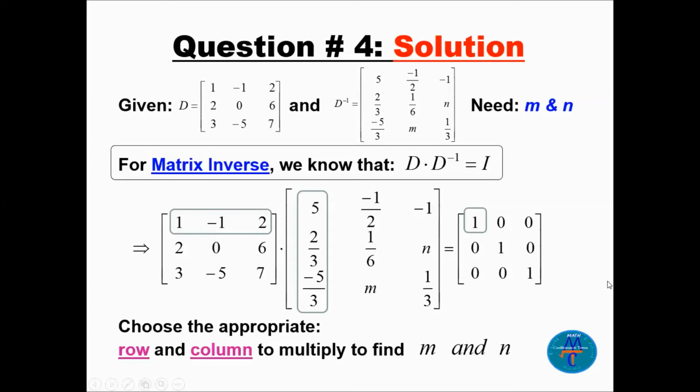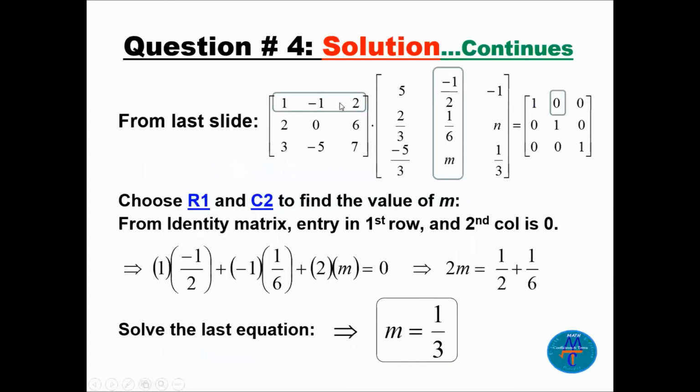I take row 1 and column 2, so R1 and C2. So 1 times minus half will be here, and then I add minus 1 times 1 over 6 there, and then plus 2 times the m there, equal to this number. Why this number? This is the entry in the first row, second column.